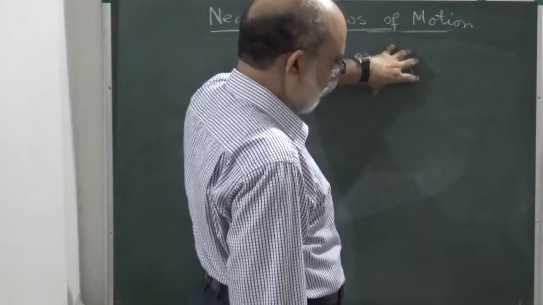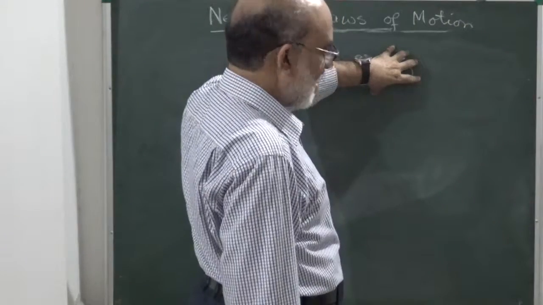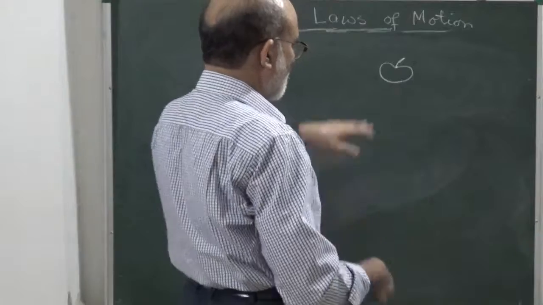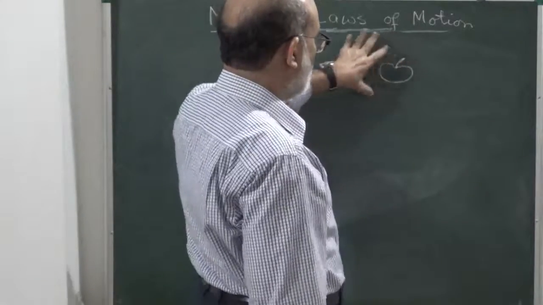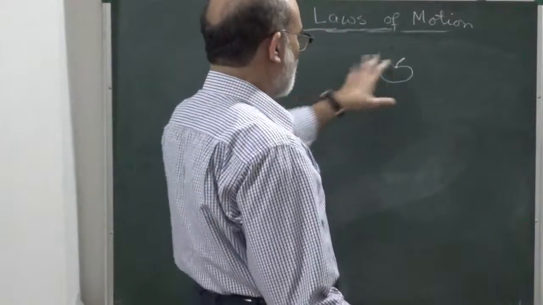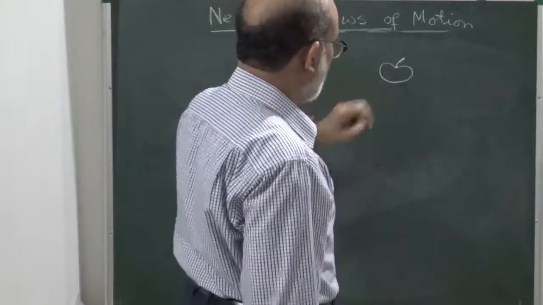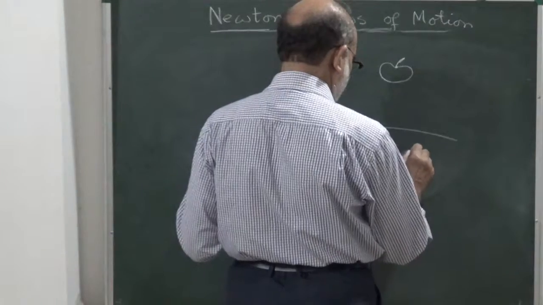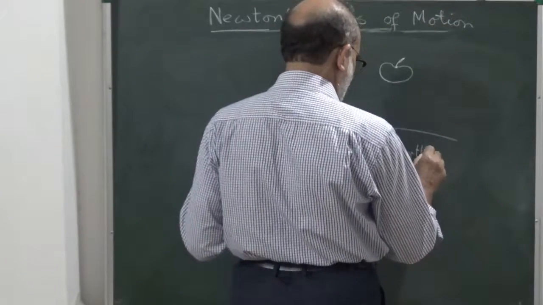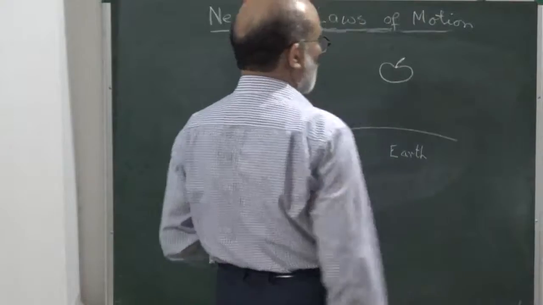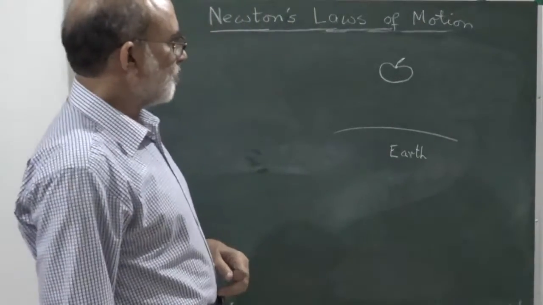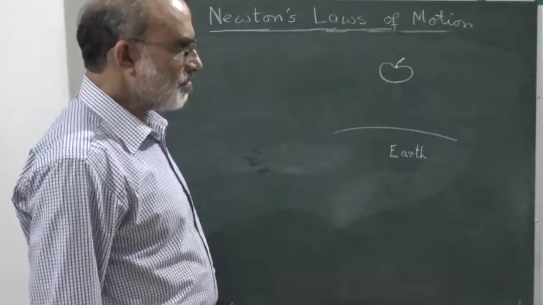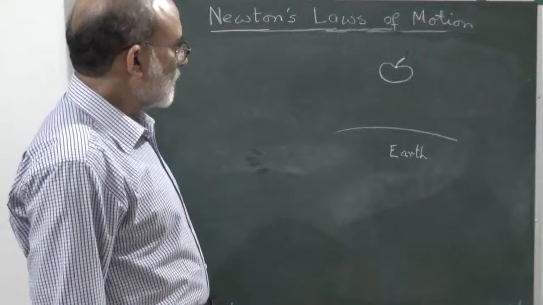So this is our system, and all other objects around it, including us, are the surroundings: the air around us, everyone sitting in this room, the earth, and everything outside the apple, is called the surroundings.